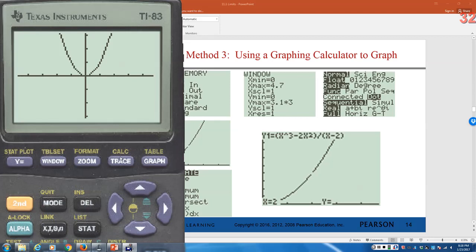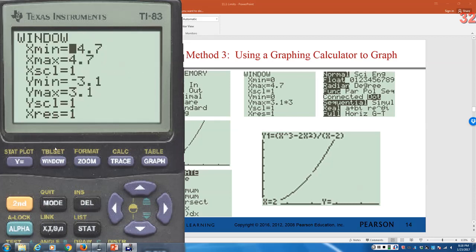But since the part of the graph we're really interested in is where x is equal to 2, well, that happens in the first quadrant. So in order to have just a bigger viewing window of the first quadrant, I'm going to go to the window and set the minimum x value to be 0. And then go down and set the minimum y value to be 0.